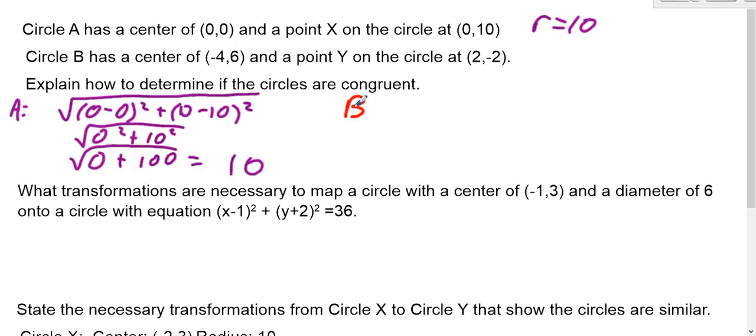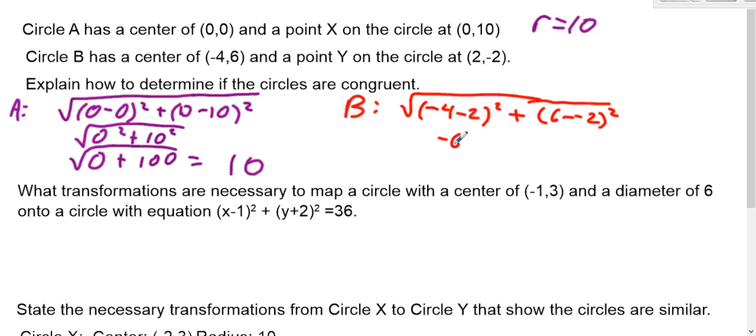We're going to do the same thing for circle B. Find the radius between those points. -4 to 2, so -4 minus 2 squared. And then 6 minus -2. So that's -6 squared, which is 36.